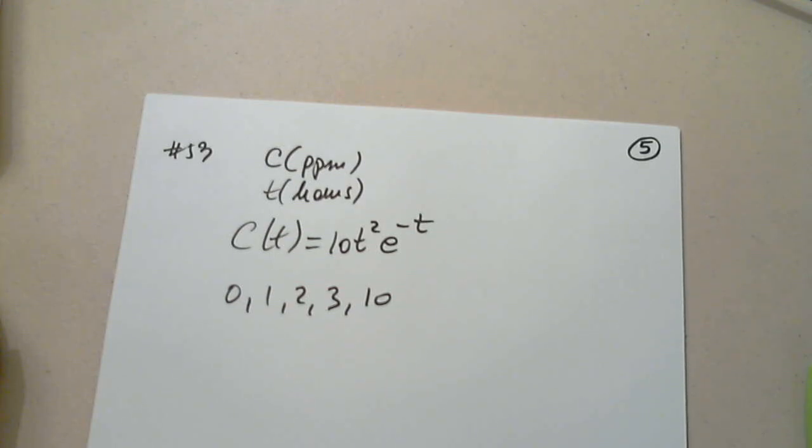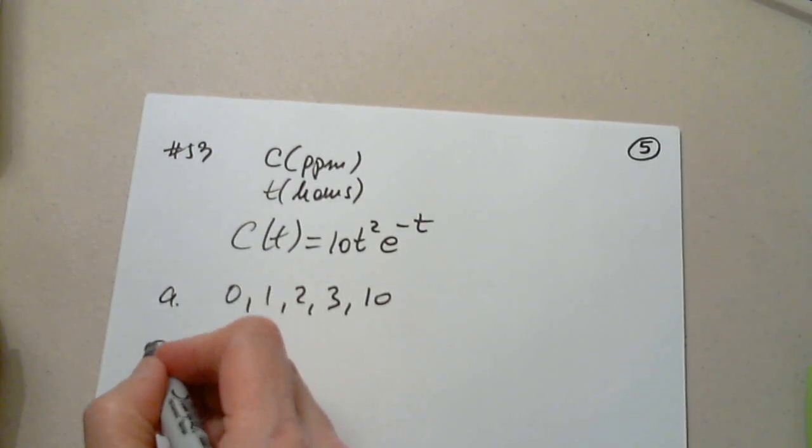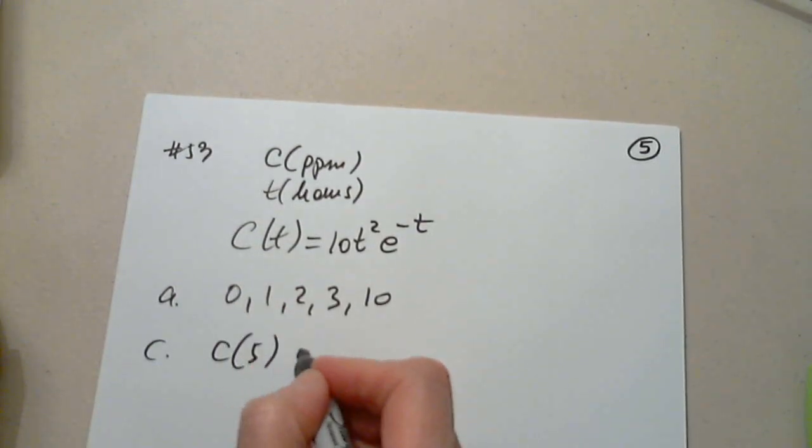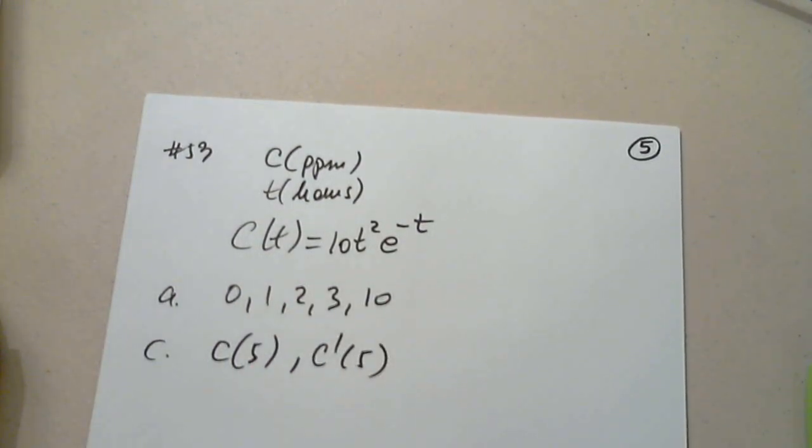I don't really care for using a calculator to look at the graph, but we will. But I'm interested in this. Find C of 5 and C prime of 5 and explain what those represent. So this is part A, and then part C, C of 5 and C prime of 5. That's why we study these functions, to get to applications.